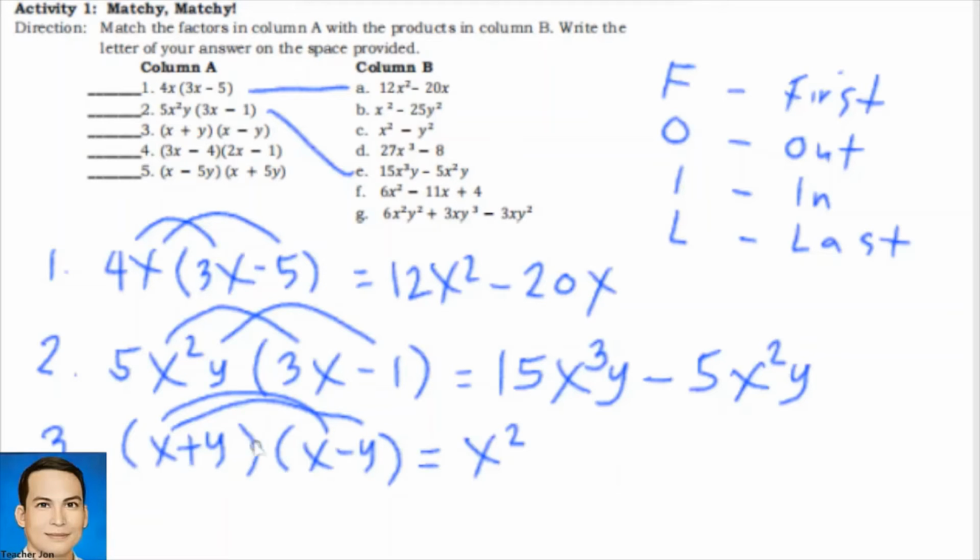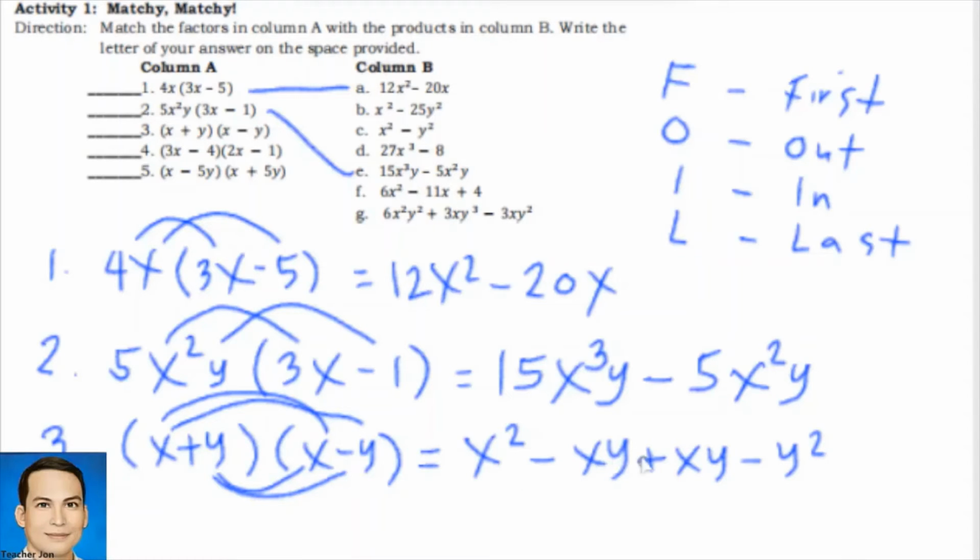So x times negative y is negative xy. Then for the inner, we have here y and x, both positive, so that becomes positive xy. And for the last terms, we have here y times negative y, so that is negative y squared.